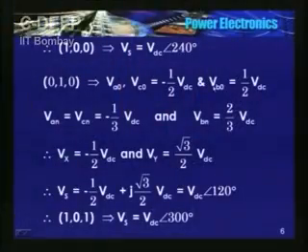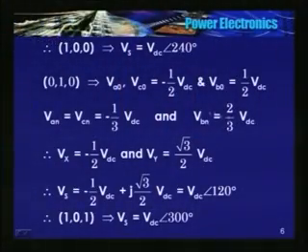For 1, 0, 0, Vs is VDC at an angle of 240. So we found the position as well as the magnitude of the space vector for 4 active vectors. The magnitude happened to be the same. Now only the angle, the position of the space vector, seems to be changing.